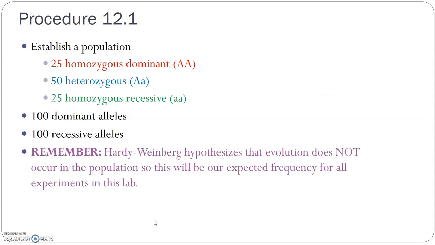So again, remember that Hardy-Weinberg hypothesizes that evolution isn't happening. So this is what we are going to expect our population to be every single time that we have an event, that we have mating, anything that happens, we should always come back to this 25, 50, 25 population, always.